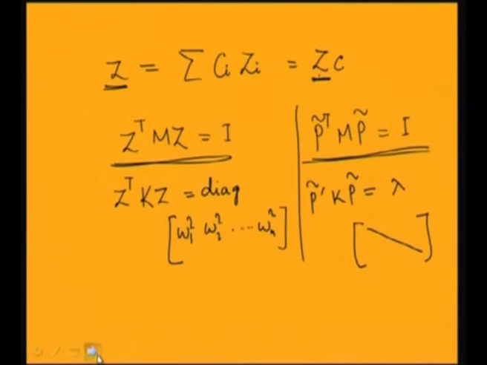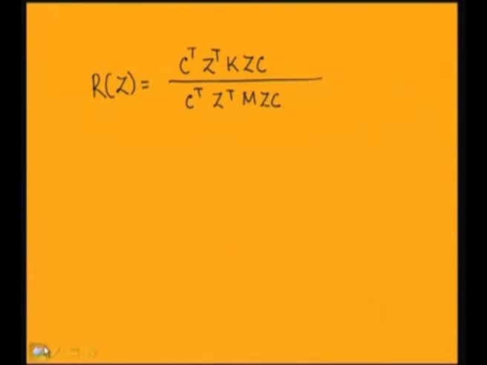So, the Rayleigh quotient R(z) in this case can be written as C transpose Z transpose K Z C by C transpose Z transpose M Z C. Already you know that Z transpose K Z is a diagonal matrix with omega square in the diagonal terms, and Z transpose M Z is the I matrix.